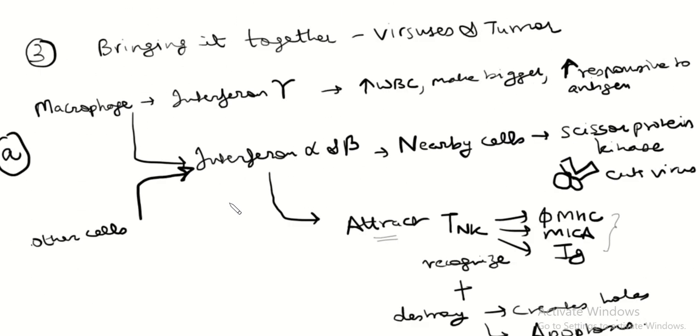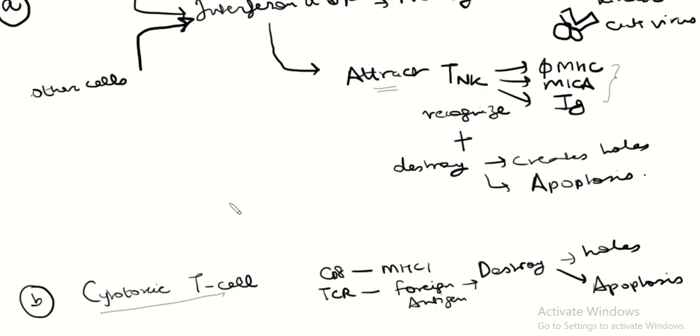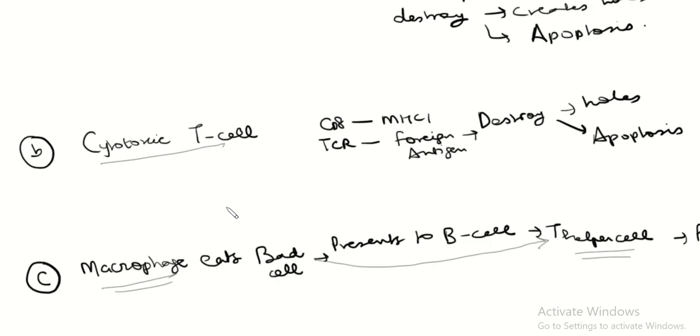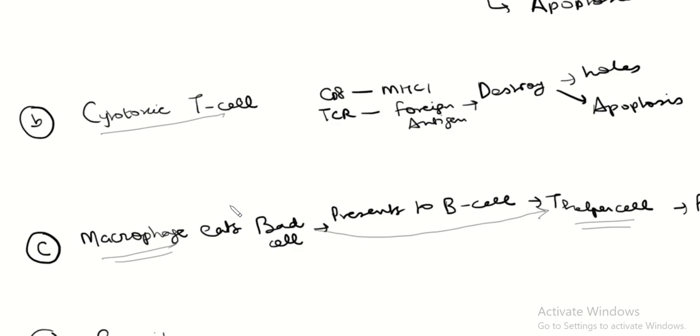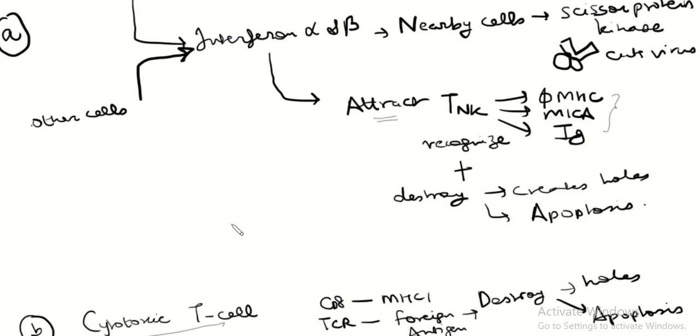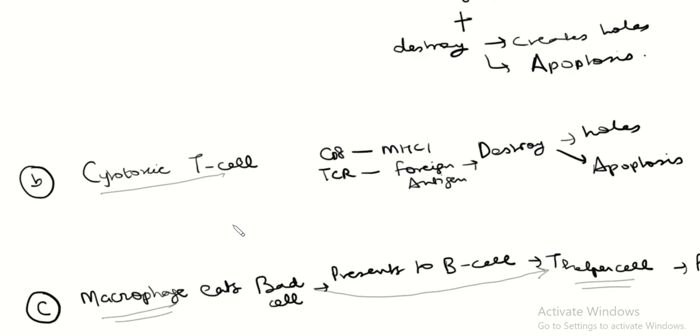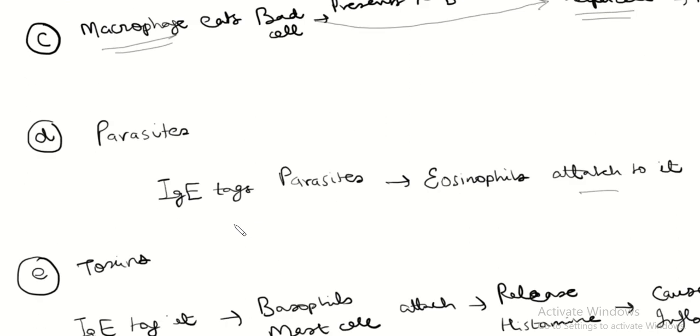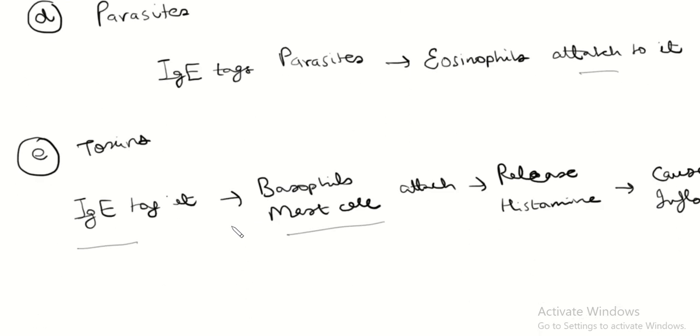The next step we talked about was viruses and how macrophages in particular, and cytotoxic T cells, attack the viruses and process the viruses. We also talked about the parasites and how IgEs attach with the eosinophils to get rid of parasites and worms, and how IgE attaches with the mast cells and basophils to release histamine and manage that particular threat.